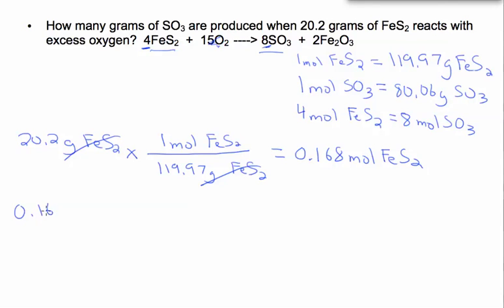So now we're going to use our mole ratio to go from moles of FeS2 to moles of SO3. We want to cancel out moles of FeS2, so we look at our conversion factor. We have 4 moles of FeS2 and 8 moles of SO3.